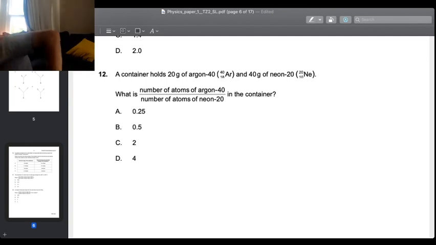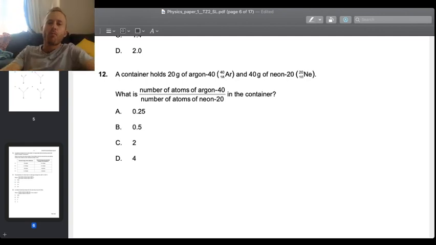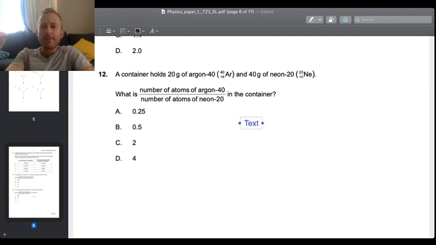I don't want to get this backwards. Let me try this out. These kind of problems, sometimes they get it backwards. So the number of atoms of argon would be 20 grams, and then each one is 40.